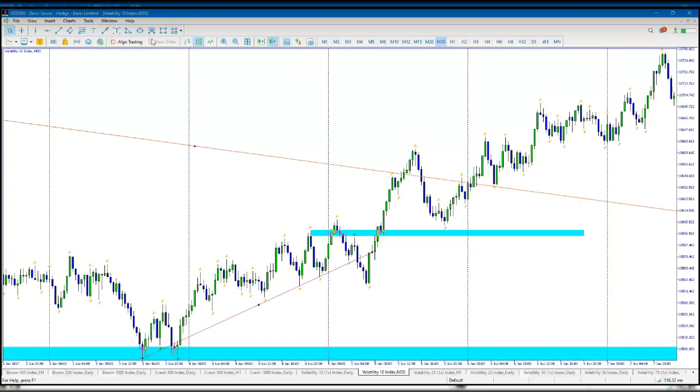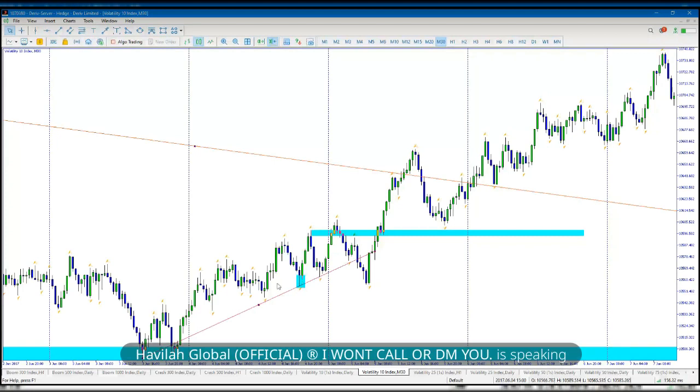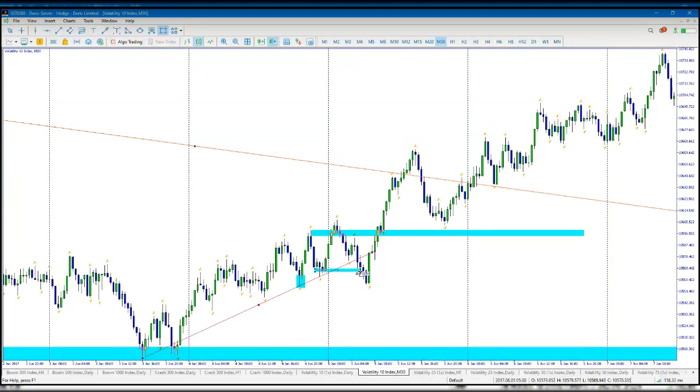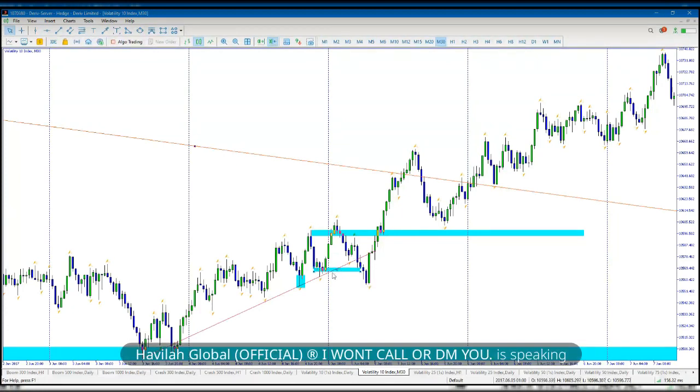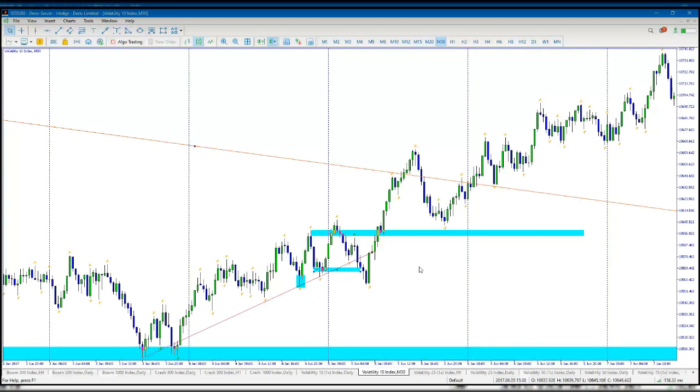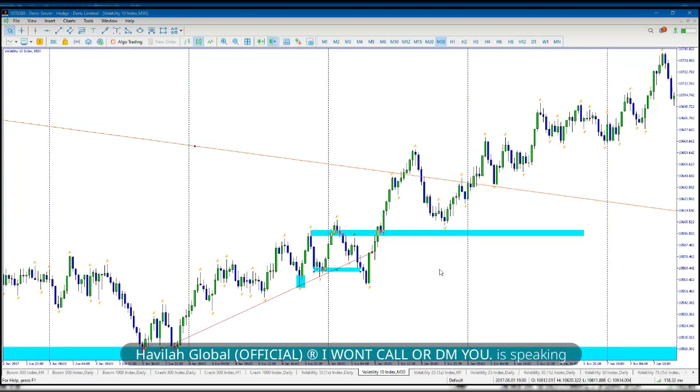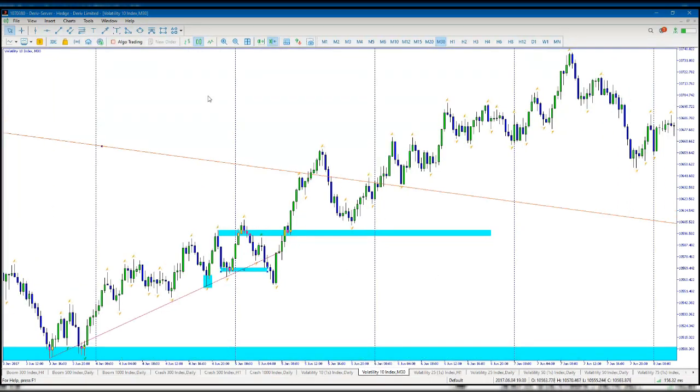This is what I'm saying, which signifies that this place is actually a liquidity inside the structure. Inside what? The structure.